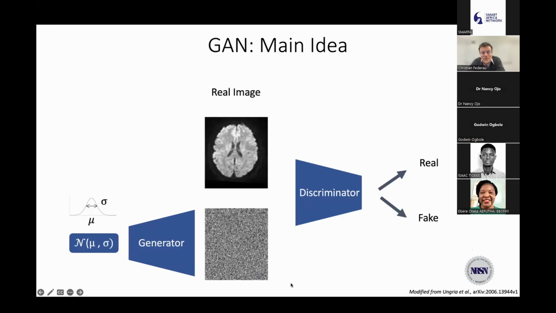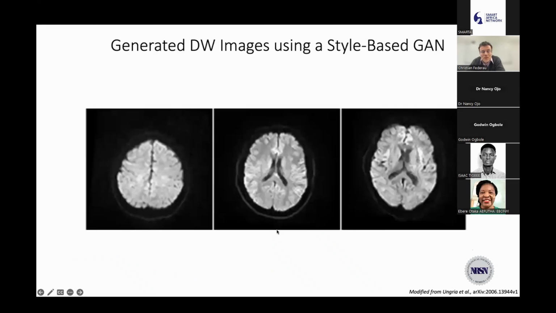And I can show you how one training looks. The first step is going to be noise, but it's going to learn better and better to generate the image, and the discriminator is going to have more and more difficulties to differentiate them. And again, you can generate images, this is again diffusion weighted images of the brain, that look very, very realistic.